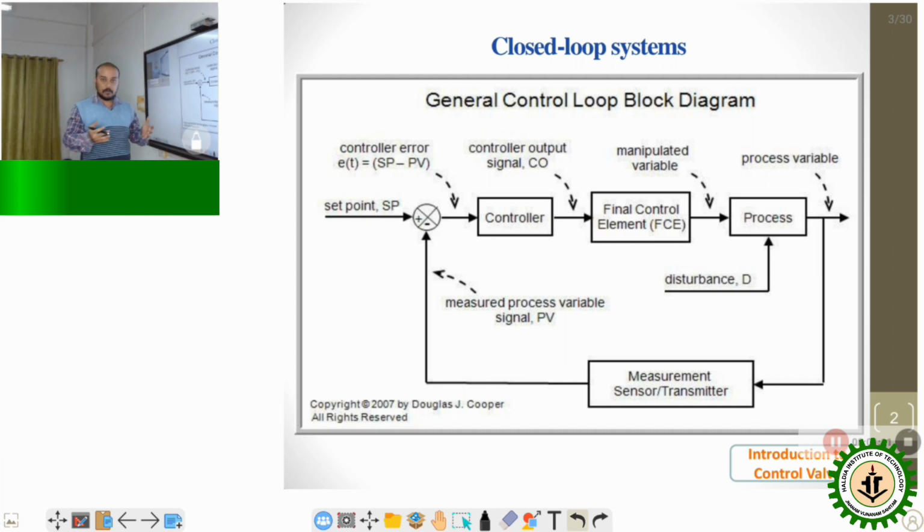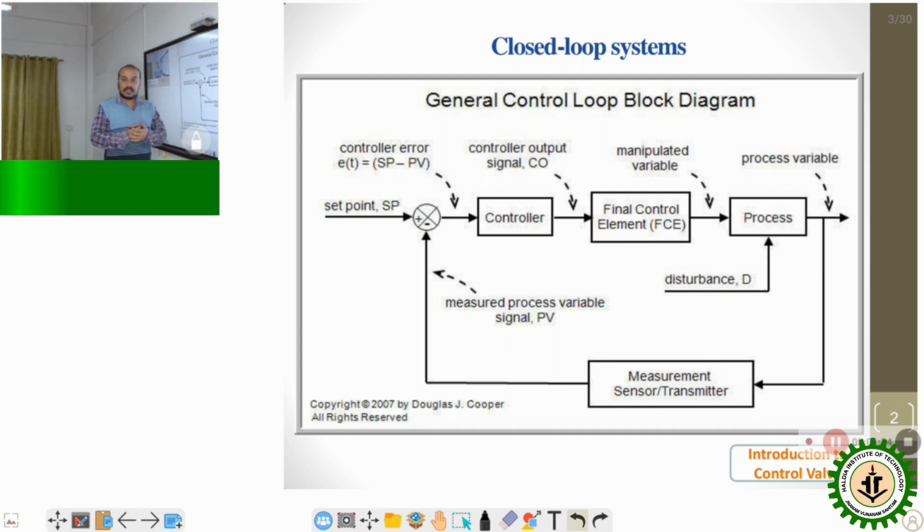Suppose we are in a room and we try to maintain the temperature using the AC. In hot summer time, the atmospheric temperature is nearly 40 degrees centigrade, and we want to make the room temperature 20 degrees centigrade. What will be the action for this closed loop or feedback system?